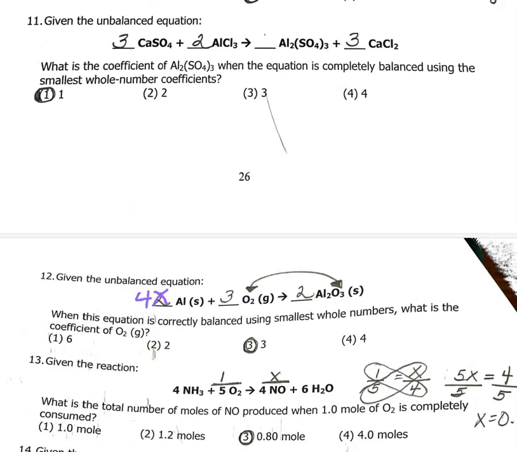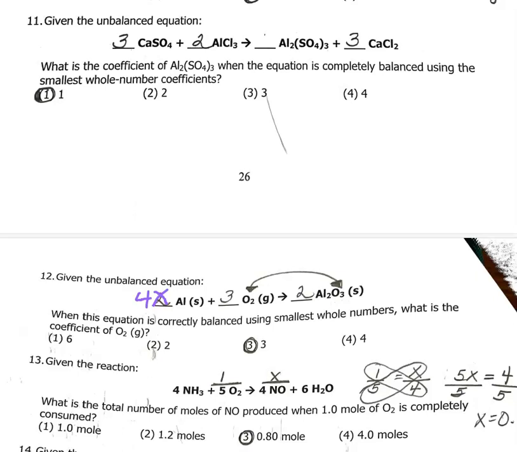Okay. That should be a 4. So if you're watching this, make sure that you correct that. That doesn't change my answer though. There's still a 3 in front of the O2.